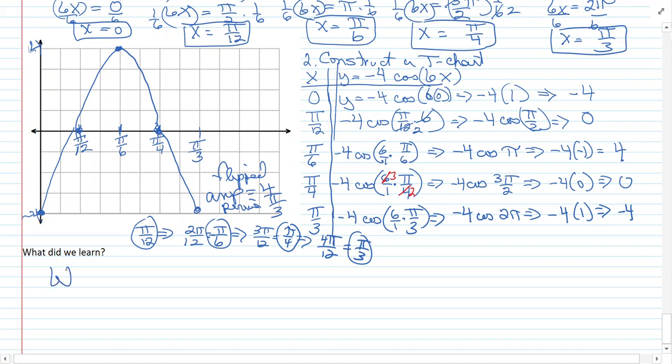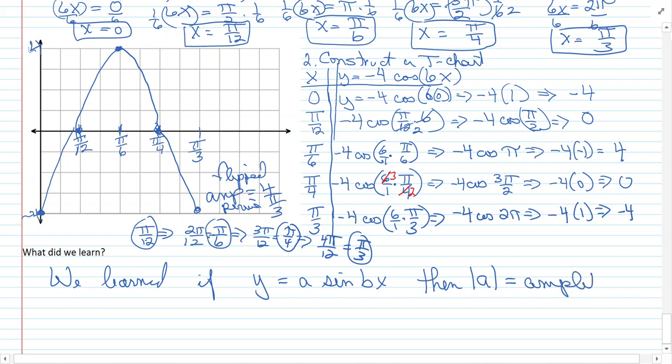We learned if y equals a sine bx, then the absolute value of the a number is the amplitude, and then 2 pi divided by b is the new period.